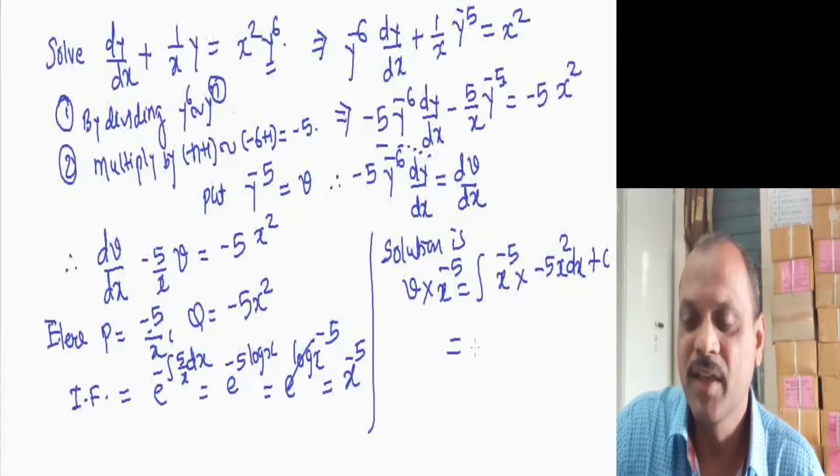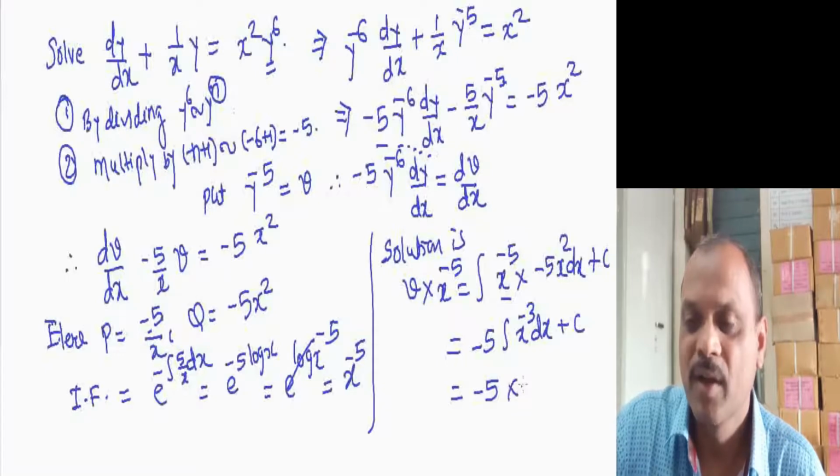Let us solve this integration. Minus 5 into x raised to minus 5 into x square. So, this is equal to x raised to minus 3 into dx plus c, equal to minus 5 into x raised to minus 2 divided by minus 2 plus c. Minus minus becomes plus 5 divided by 2 x raised to minus 2 plus c.